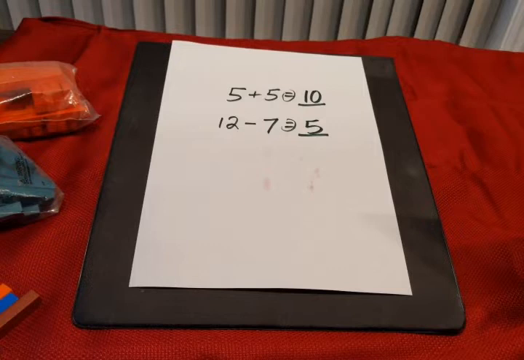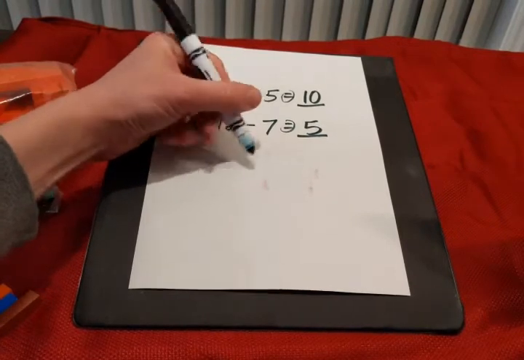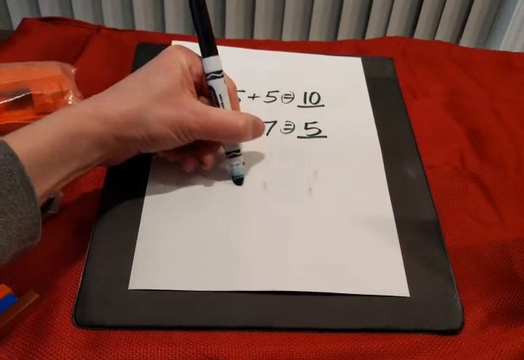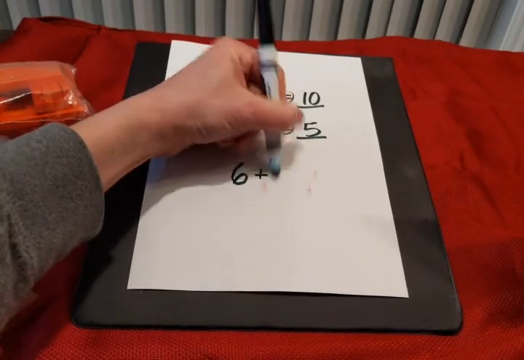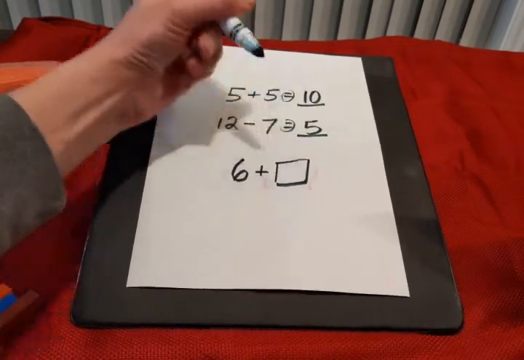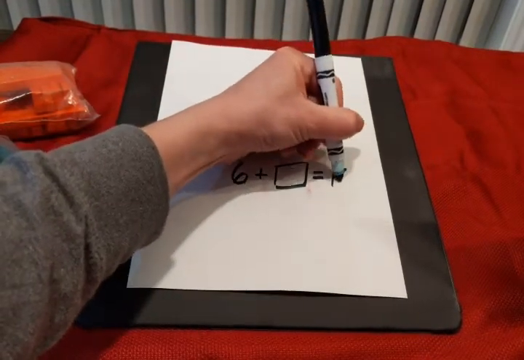And once we understand that, we suddenly are able to use addition and subtraction sentences to help us find a mystery number. Let me show you what I mean. So let's look at an addition sentence where we write 6 plus a mystery number equals 10.